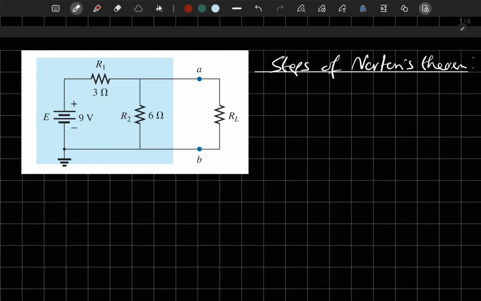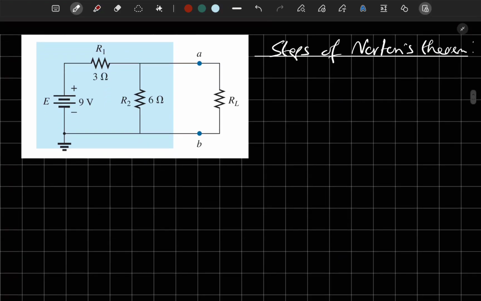Now let's take a look at the steps of solving Norton's theorem. So we have a simple circuit here. Again, remember the blue shaded area is where we will apply Norton's theorem. And this RL will just stay as it is. And we will find the Norton current for this marked terminal here.